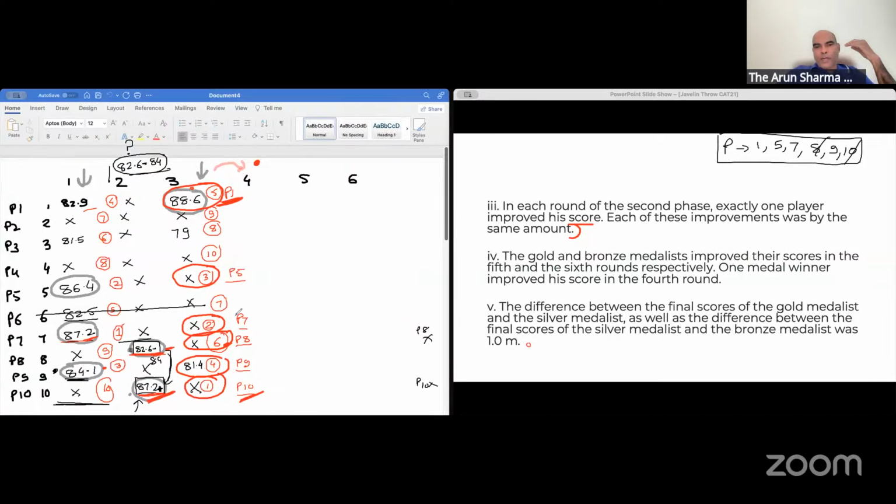Because that guy is going to be the highest thrower, and he will be the last thrower in the fourth round.